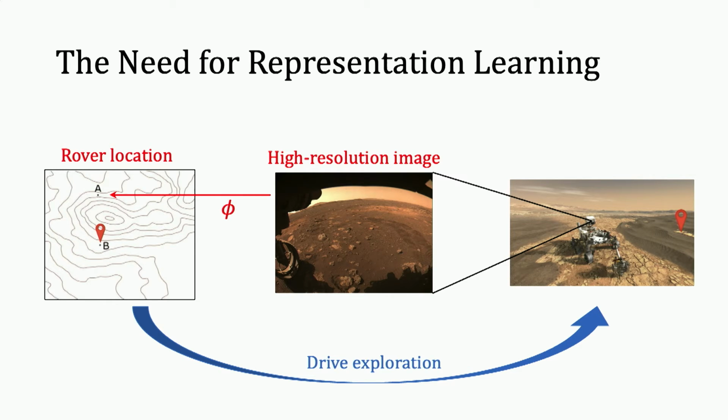Now, the difficulty with these problems is that if we knew this map phi, if we knew how to decode the high-dimensional observations, then this would drive further exploration in our problem. The issue is that we might not know the right way to decode the high-dimensional observations into low-dimensional features, discover the structure, and this needs to be done at the same time that we explore. That's a chicken and egg problem.